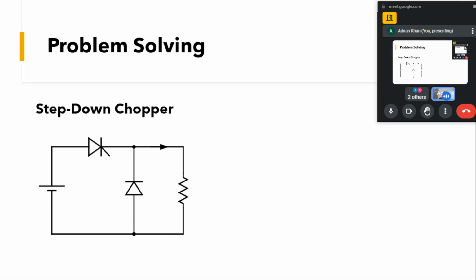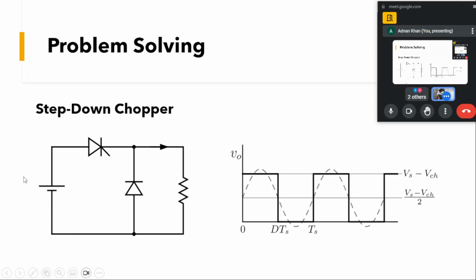So you saw here in this step down chopper, we have a square wave kind of a voltage output waveform. If you can see, from the time period 0 to DTS, that means when this device is on, we have a positive voltage across the load.